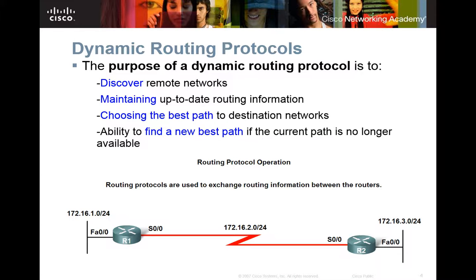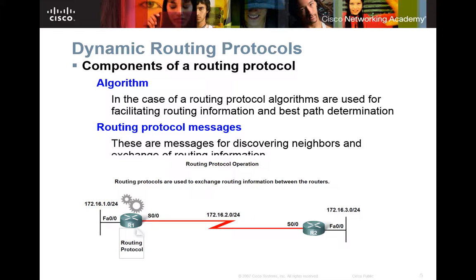The purpose of a dynamic route is to discover remote networks that you don't already know about, maintain that up-to-date routing information table, choose the best path to transport from one router to the next, and if there's a new path, to determine whether it's going to be the best path or not. Okay? Pretty simple, right?